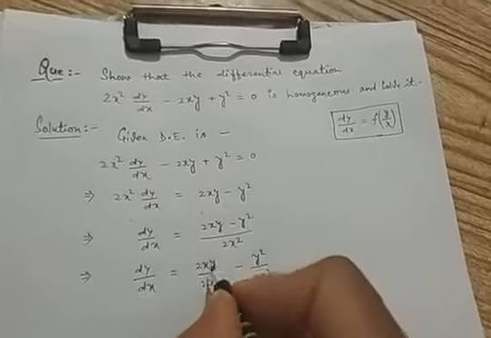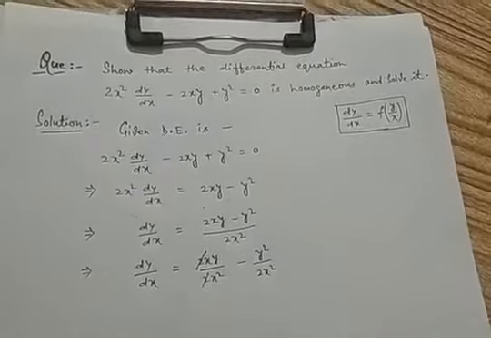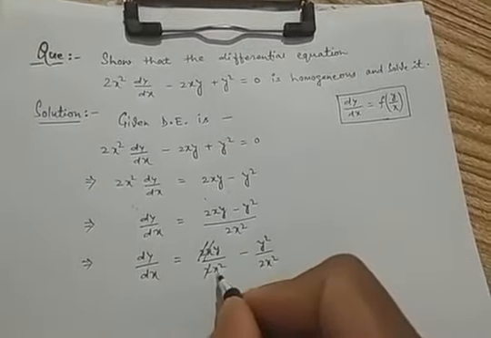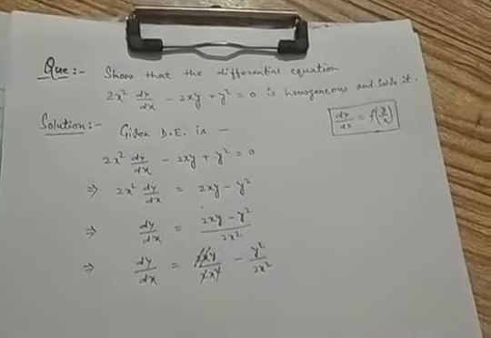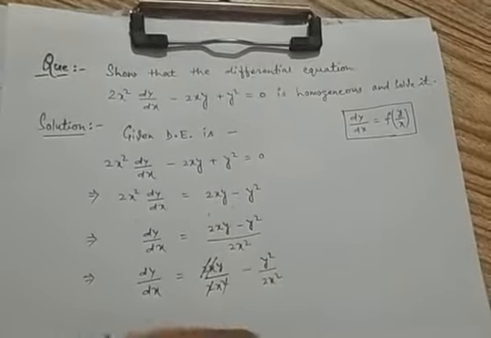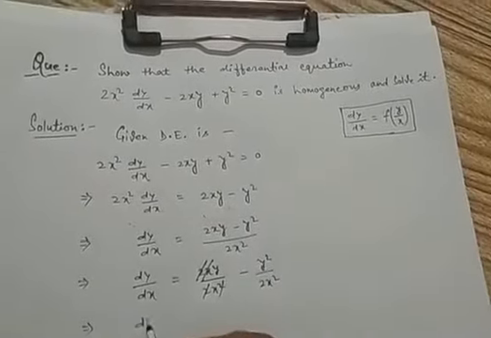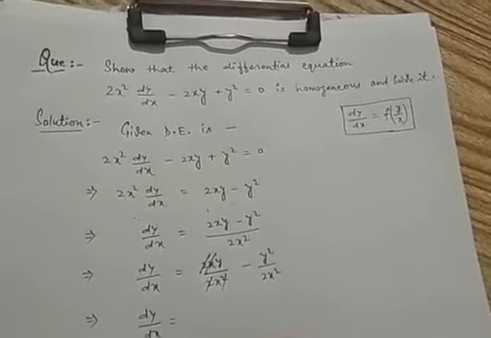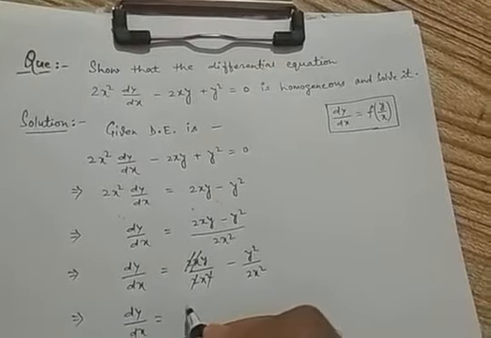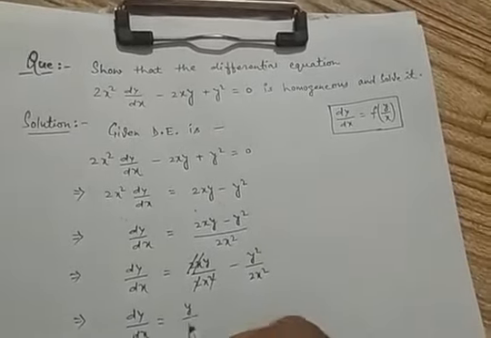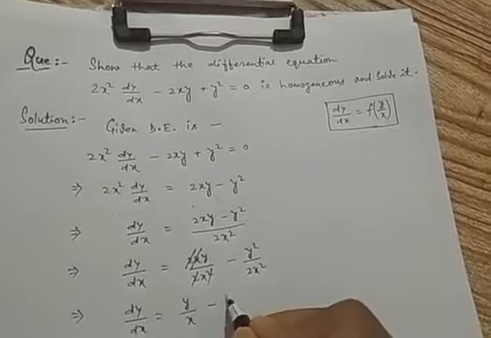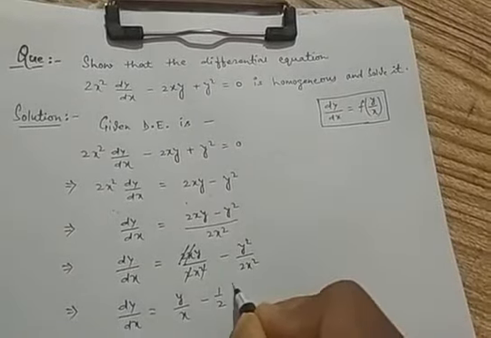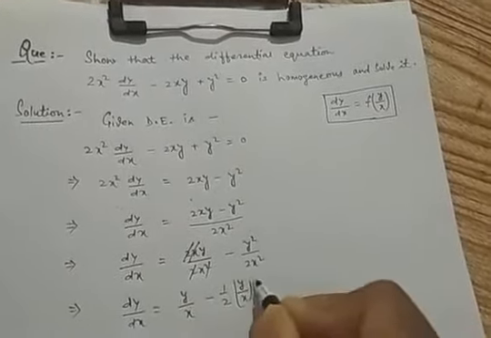Okay, so here this 2 and this 2 will be cancelled, and this x and one x will be cancelled. Now finally dy upon dx equal to y upon x minus 1 by 2 into y upon x whole square.